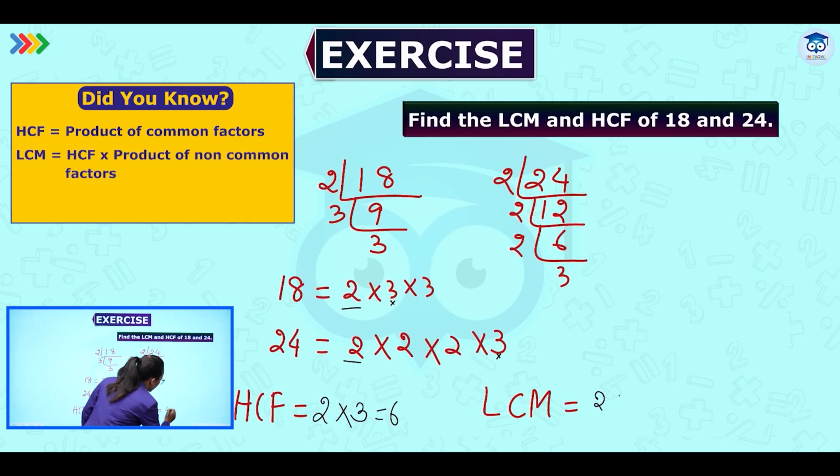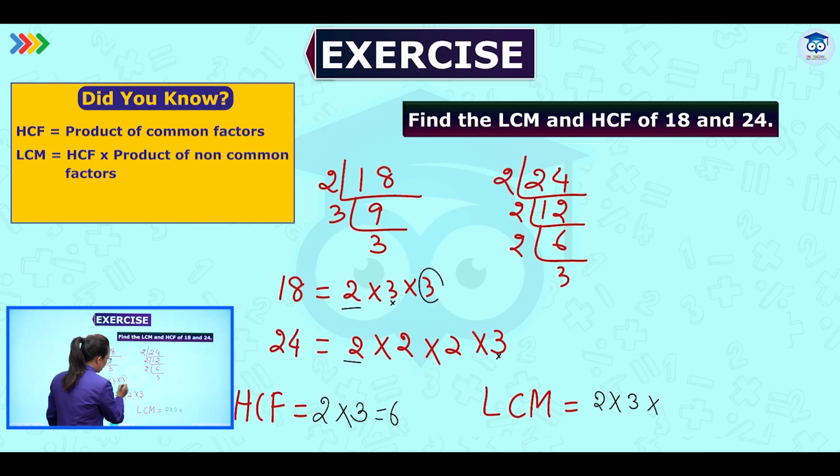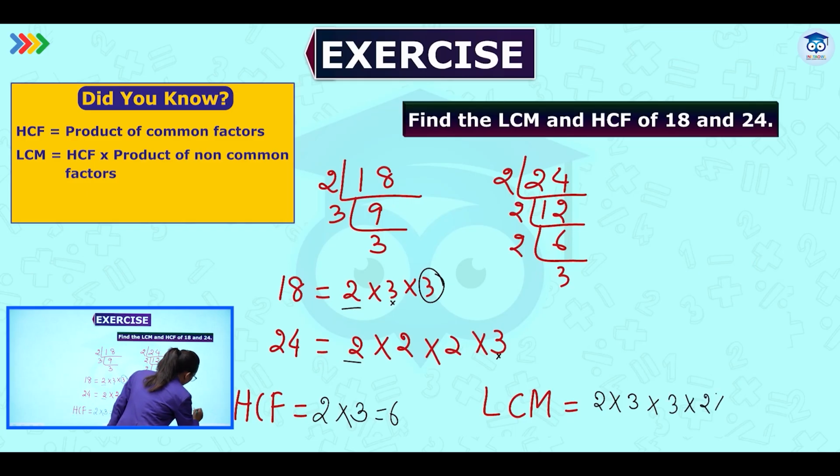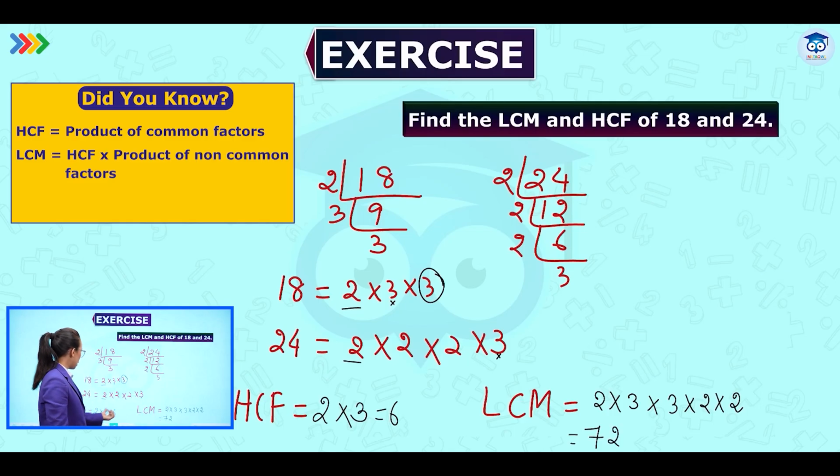Now to find the LCM, we take the HCF first, so 2 into 3. Then the common factor is taken once. And then we take all the factors left out: here 3, and 2, 2. So we have 3, 2 into 2, and we get 72 as the LCM, and the HCF is 6.